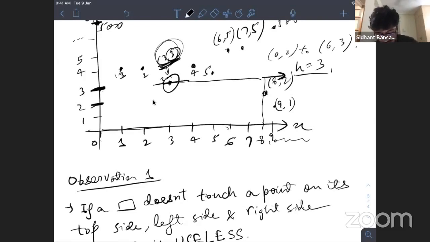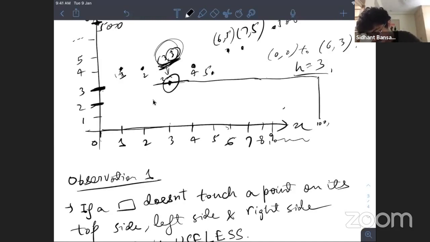Okay, what if no such coordinates are present to satisfy the condition? Yes, good question. Yeah, people are asking good questions. If there is no such point, then your terminal case, or basically your base case of some sort, will be to keep on expanding till the time you hit 100,000. That is the limit. Yes, exactly. Then the dummy point will act. In our case, we can have a dummy point at, say, 100,000, 0.